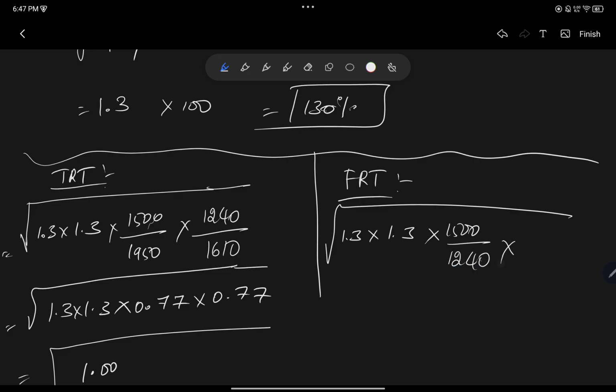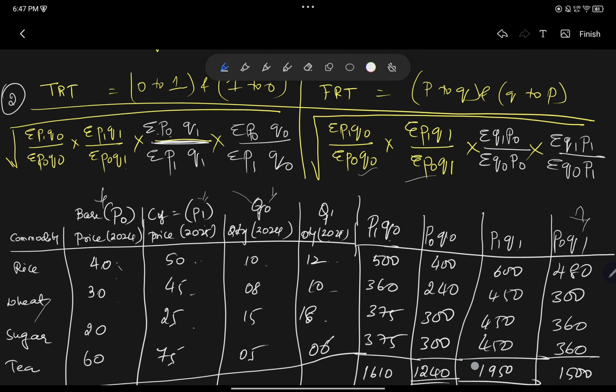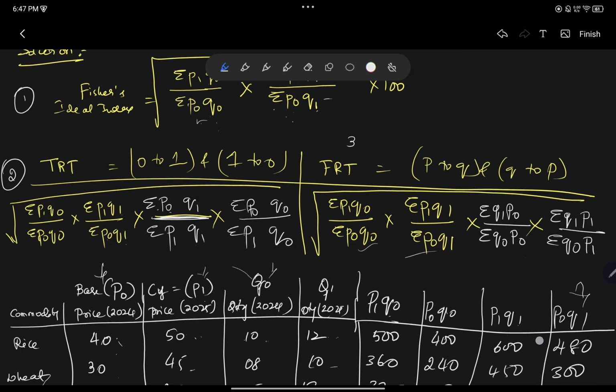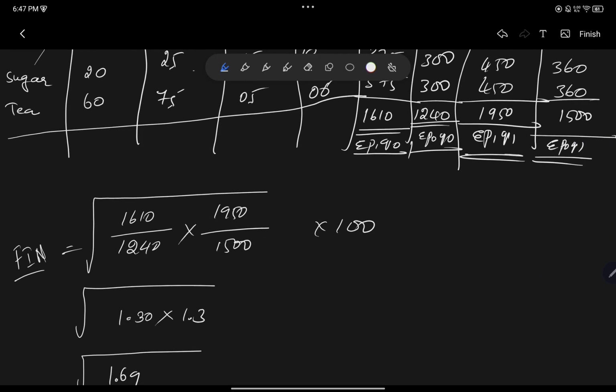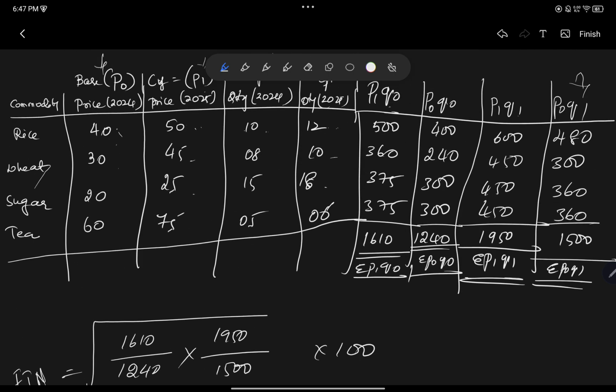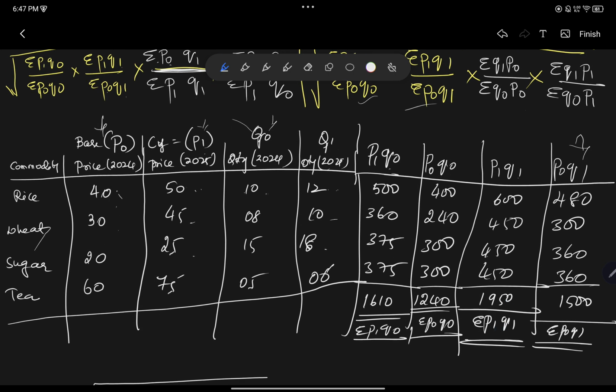1240 into, next, what is the formula? Summation of Q1 P1 is this one, P1 Q1, Q1 P1, both are same, right? The total is 1950. 1950 divided by, last one, the formula is summation of Q0 P1. Q0 P1 we don't have, we have P1 Q0, the other way around.